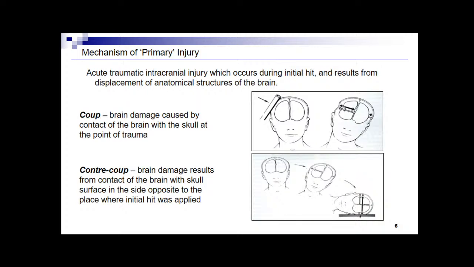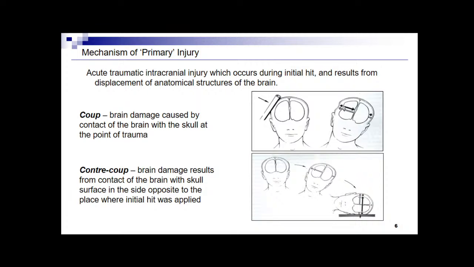The contents of the cranial cavity are brain tissue, brain structures, vessels, and liquor spaces. The brain is a movable anatomical structure. The brain floats inside the cranial cavity in the liquor, and very fast displacement of the skull can cause very fast displacement of the contents of the cranial cavity.